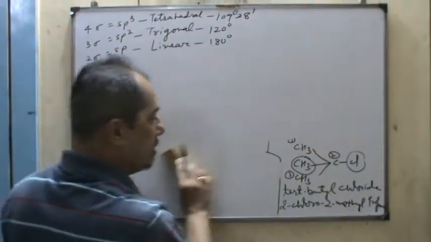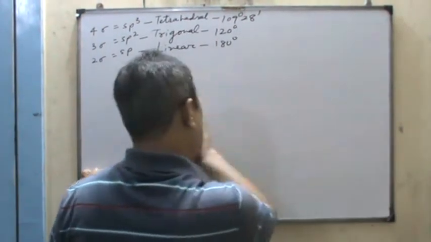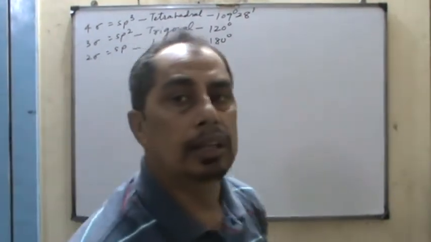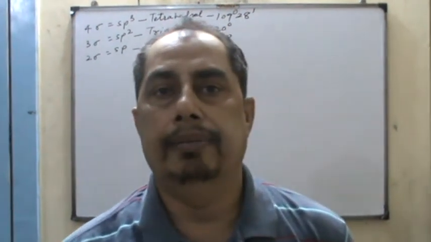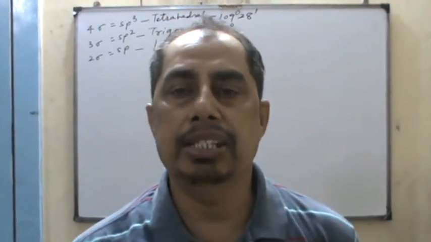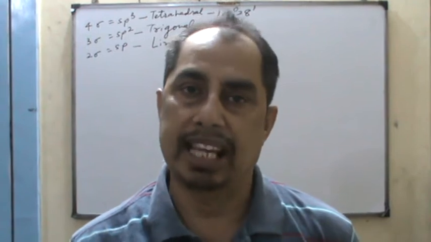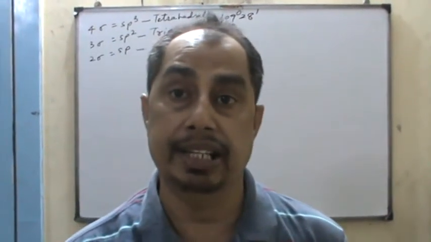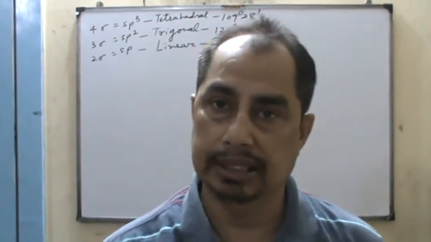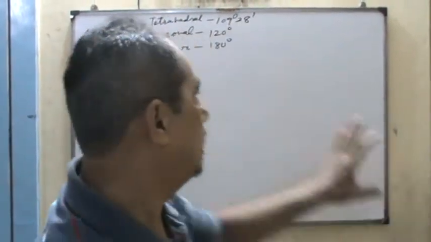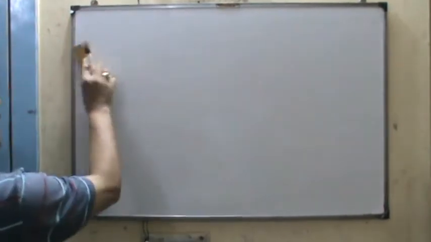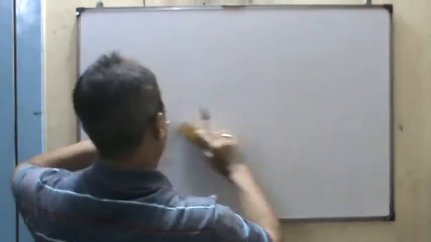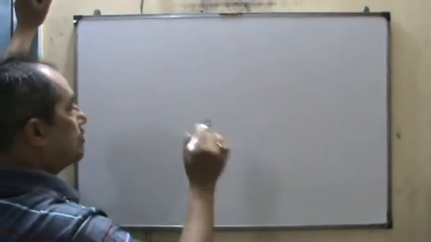So for your kind information, all the organic molecules must contain carbon, and carbon should be hybridized as sp, sp2 and sp3, but never sp3d, sp3d2 and sp3d3. Is it clear? Now this is the classification of haloalkanes based on monohalogen derivatives.